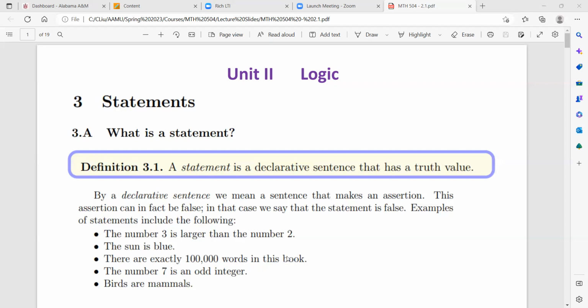So that is a statement. Or the number 7 is an odd integer. Obviously, that's a fact, so that's true. Birds are mammals. This is also a statement. There are some scientific definitions about the animals, so you can tell exactly whether that's true or not.